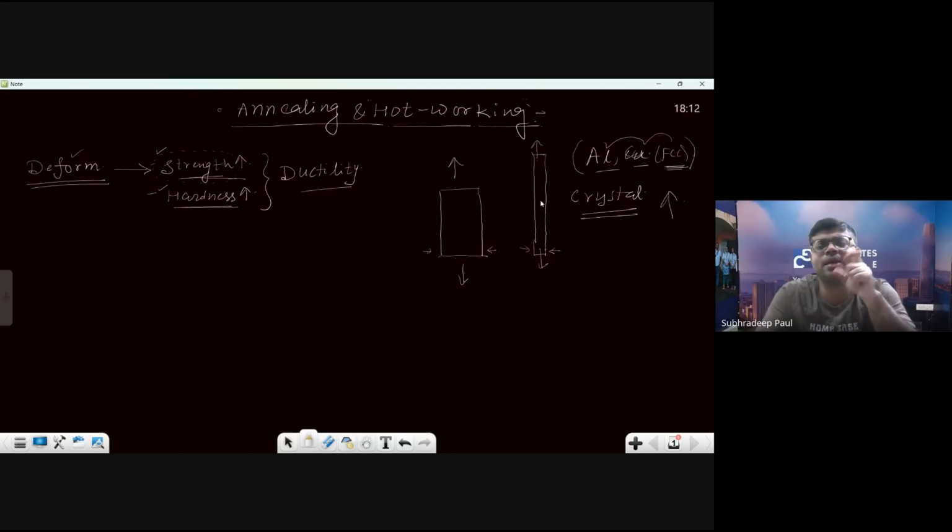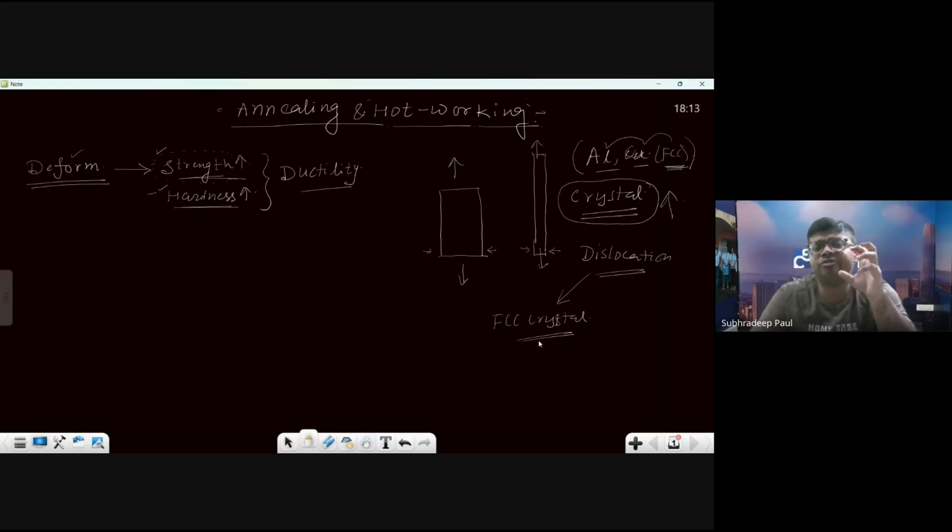When I am talking about the crystal structure, if I try to understand why this is taking place, we have to get into the dislocation theory. From our dislocation classes, I think it is clear, all of you can answer now, that FCC crystals have quite a great number of slip systems.